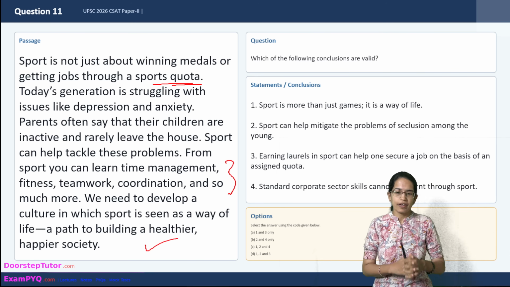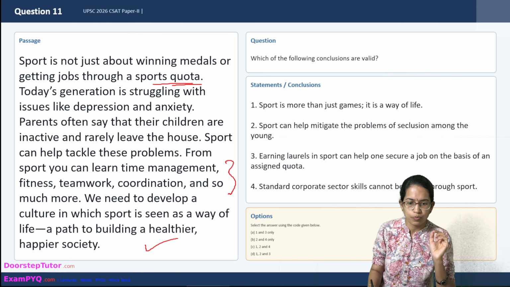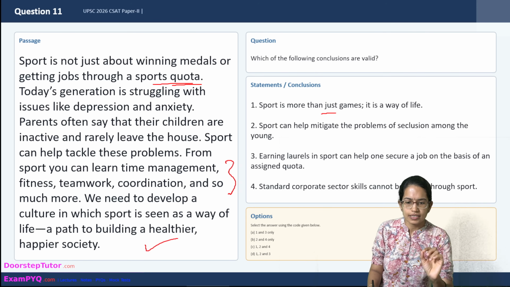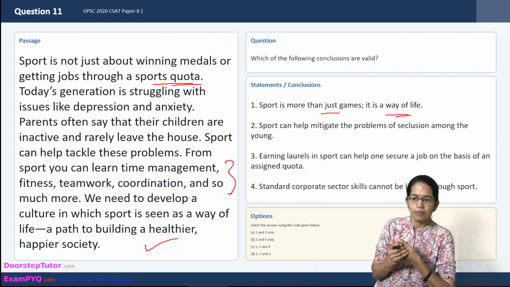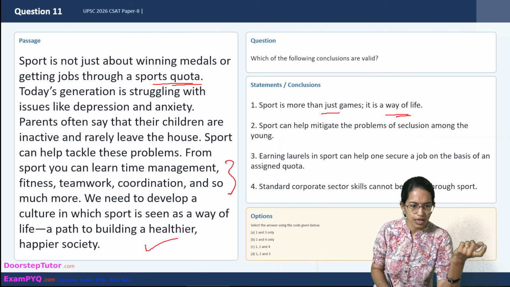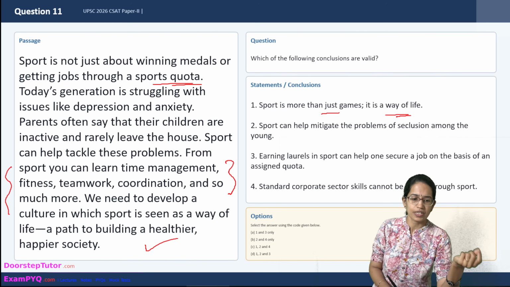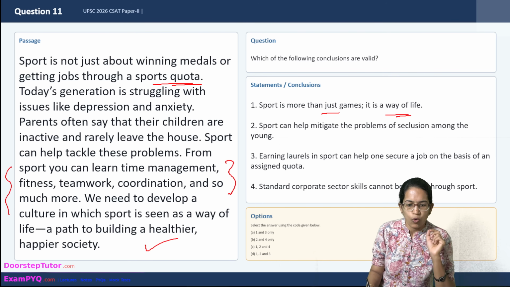Now, which of these are valid conclusions? So sport is more than just a game, it is a way of life. That is the first statement. Now this is a valid statement definitely, because as we have seen, it maintains fitness, teamwork, coordination. Sports can help mitigate the problem of seclusion among young individuals.